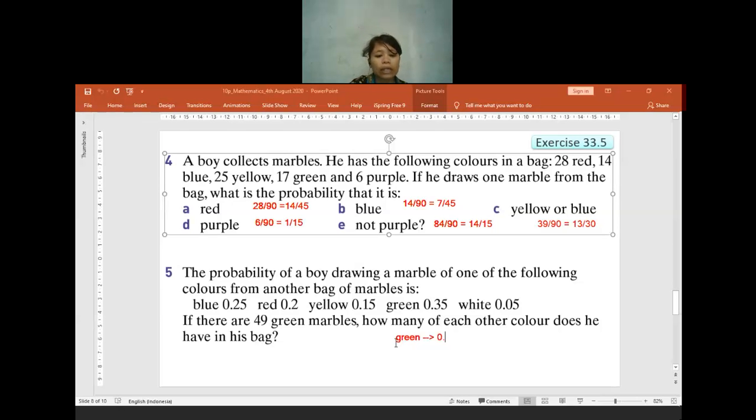It says green. Why do I have to take the green? Because we already have 49 green marbles, so we will focus on the green only. So green is 0.35, and 0.35 is equal to 49.